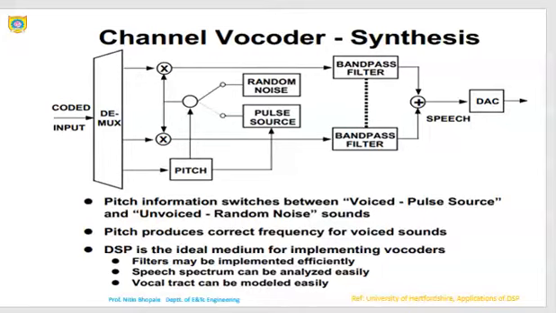However, if it is from an unvoiced segment, a random noise generator is used to regenerate the sound. Finally, the signal segment is band pass filtered.